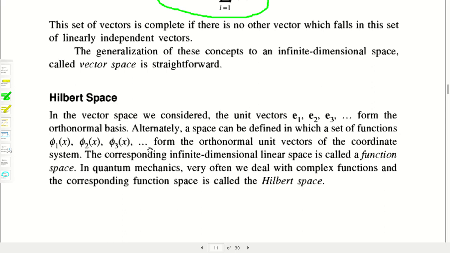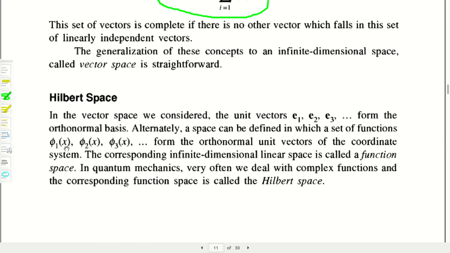Okay, so we can think about a space which is defined by a set of functions phi 1, phi 2, phi 3. For the sake of simplicity, it is written that those functions depend only on x, single variable functions.